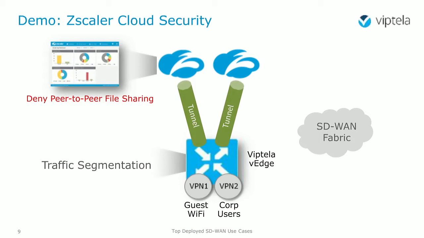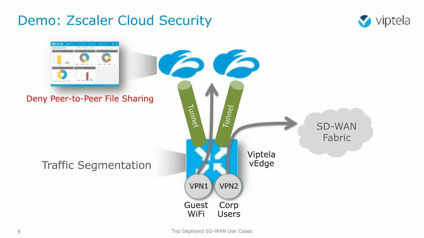The traffic out of these VPNs has different patterns. The traffic from VPN 1 is going to go through the tunnels into the Zscaler for the policy enforcement. The VPN 2 traffic is not going to go through the tunnel to the Zscaler. It's going to go through an SD-WAN tunnel into the SD-WAN fabric to the rest of the organizational network.